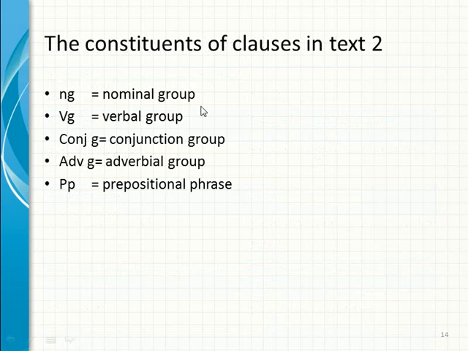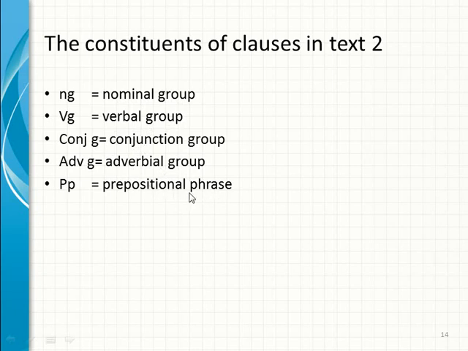As I said, a constituent is a kind of phrase or group. In syntax we know the noun phrase; here we have the nominal group. If we have a verb phrase, here we have the verbal group. They are the same. Group is also phrase. Here we have the conjunction group, the adverbial group, and the prepositional phrase.